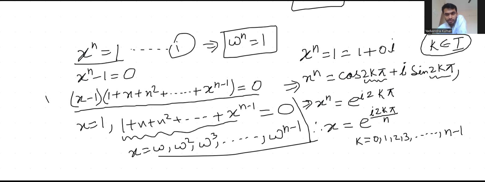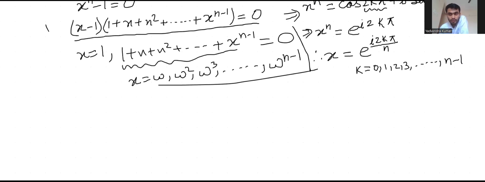But some people think, sir, keep putting k equal to n also, n plus 1 also, n plus 2 also. So what will happen? Roots will start repeating. If you put n, you get the same root you get at k equal to 0. If you put n plus 1, you get the same root you get at k equal to 1. Likewise for n plus 2. So roots will start repeating.